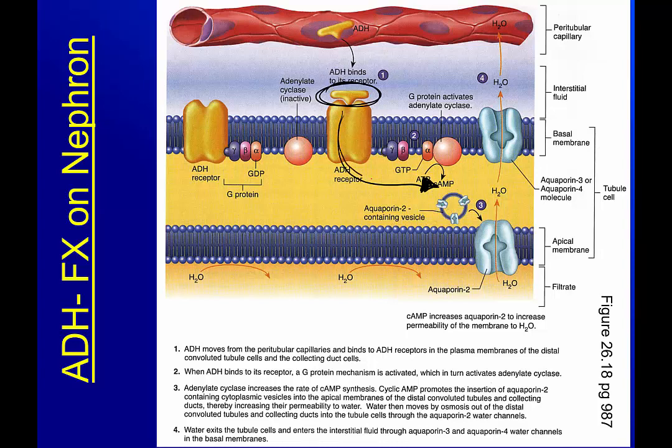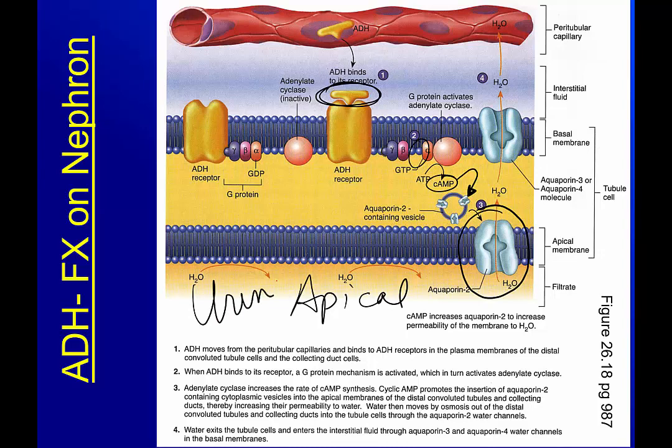But when I do get that signal, in other words, my ADH goes and activates cAMP, the cAMP comes and causes these to insert into my apical membrane. Remember, this is the urine. Okay, this is my filtrate over here.